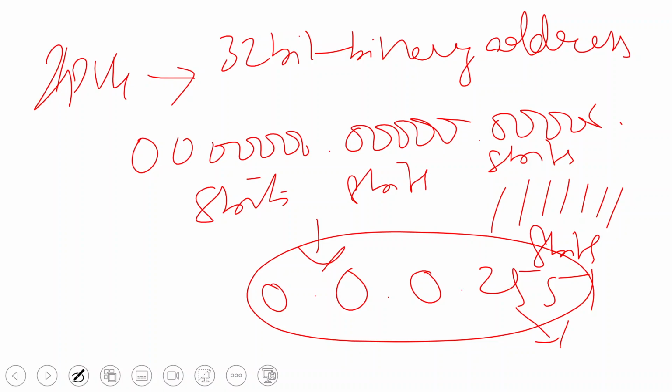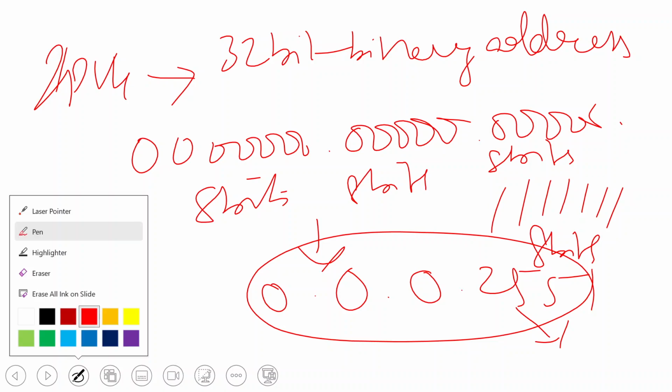Since I've talked about what an IP address is, let me talk about what IP subnetting is and why we need to subnet a network, an IP address that has been given to you.